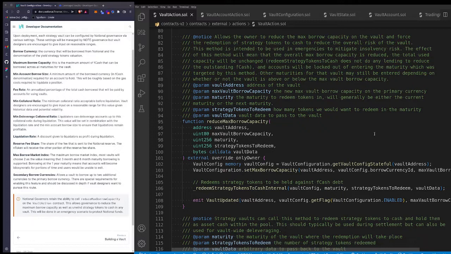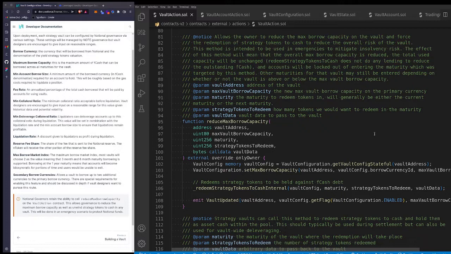And so what will happen here is the maximum borrow capacity will be reduced, and some number of yield positions will be redeemed in exchange for cash that will be held on Notional as repayment for its debt. So this is essentially like stopping out a position, stopping out a vault in whole. This is intended only to be used in extreme scenarios.